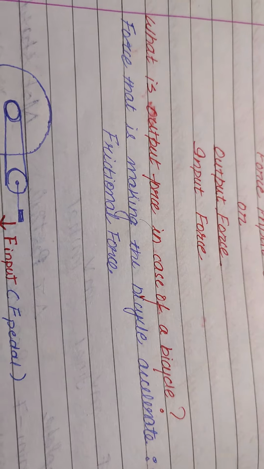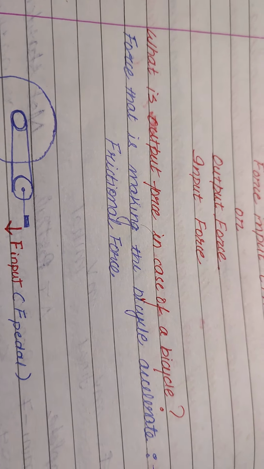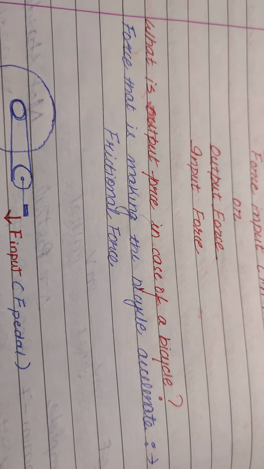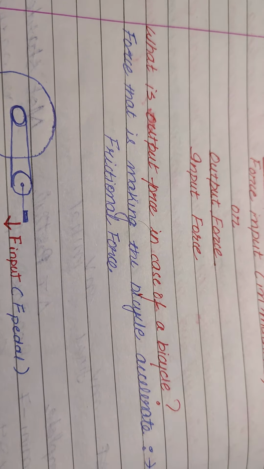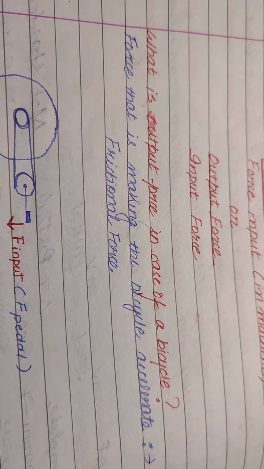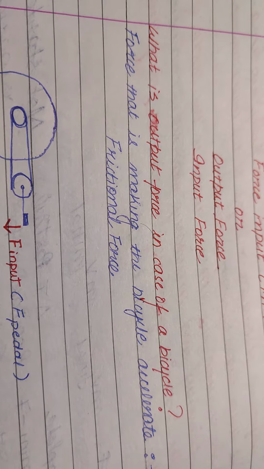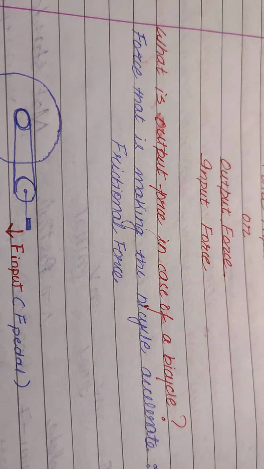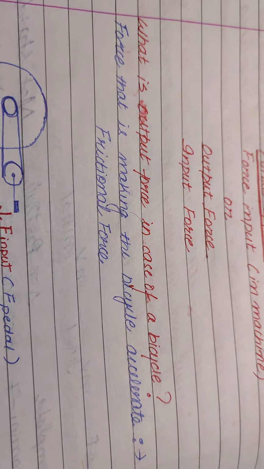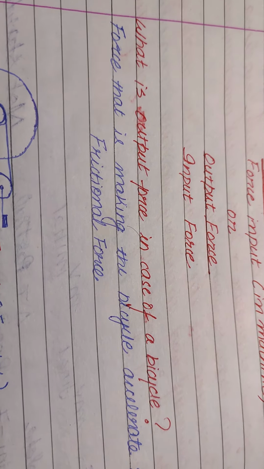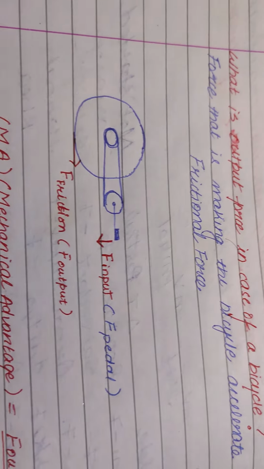So what do we need to do if we want to find out the mechanical advantage? We need to understand that if we are applying some force on the pedal, how much force is actually being supplied to the bicycle in terms of friction, and the ratio of this frictional force and the force that we have applied would be our mechanical advantage.